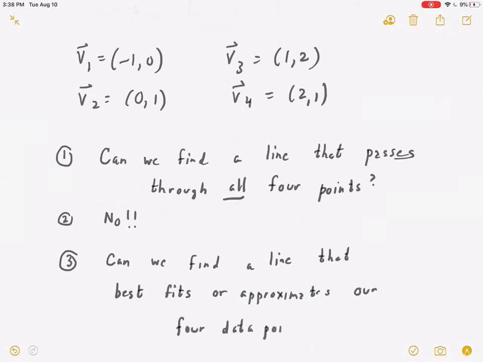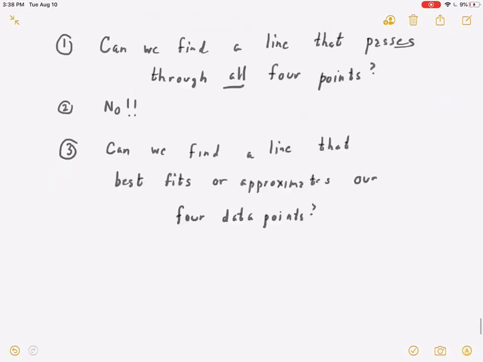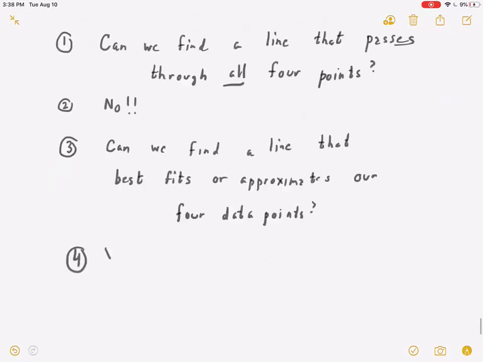That's a different question. And the answer to that question is yes. And what this involves is simply finding a least squares solution. So let's roll up our sleeves and get started.